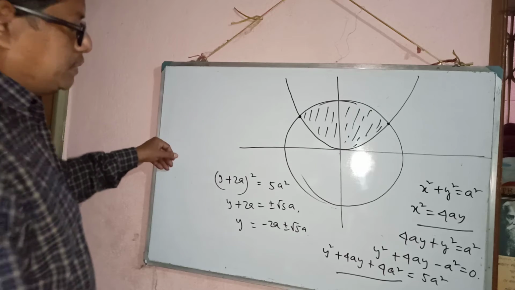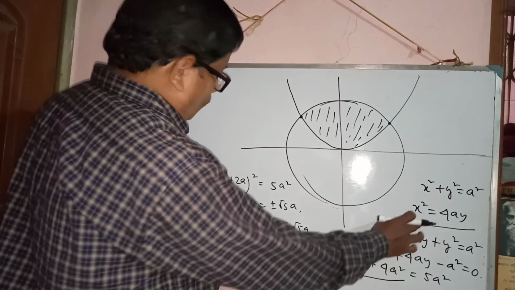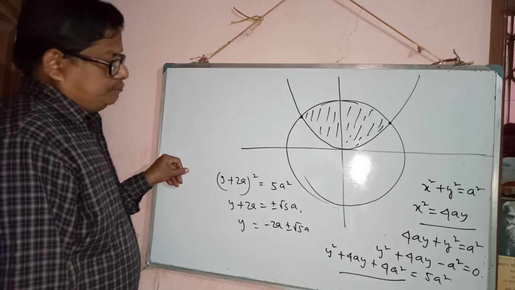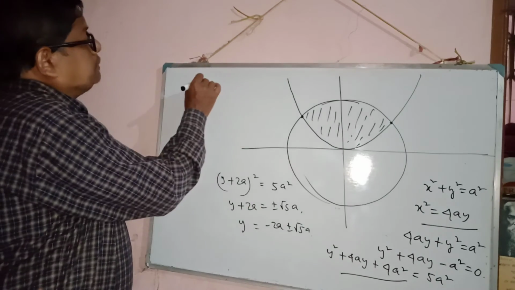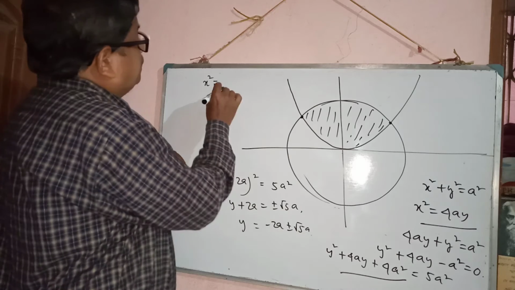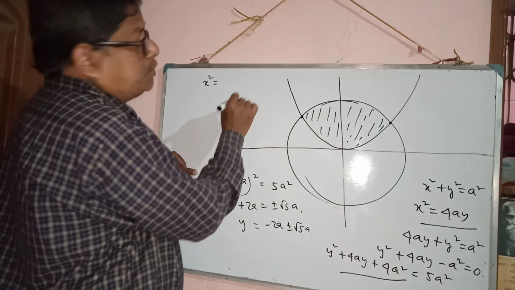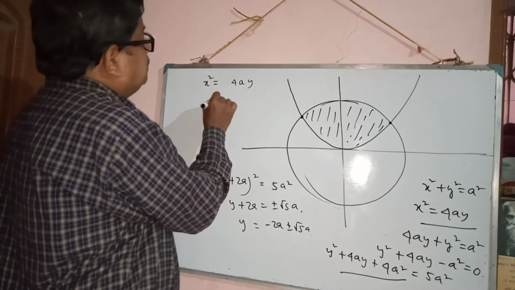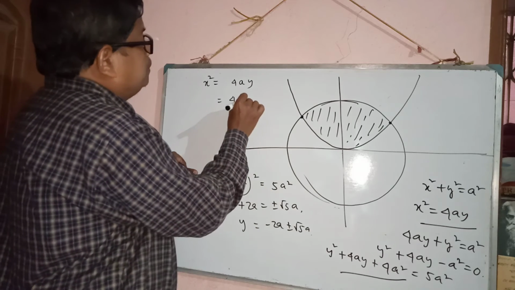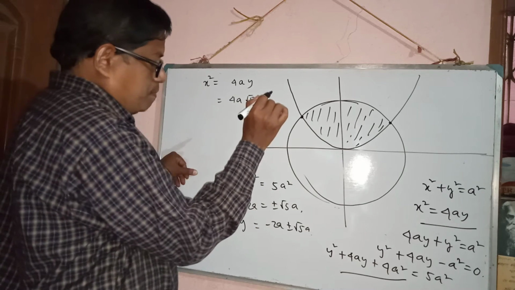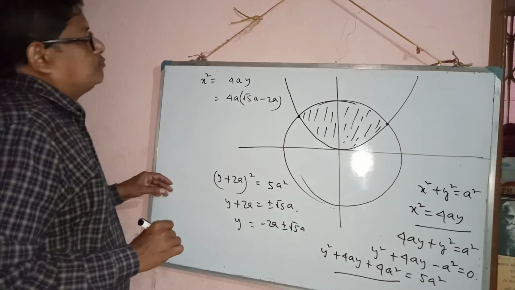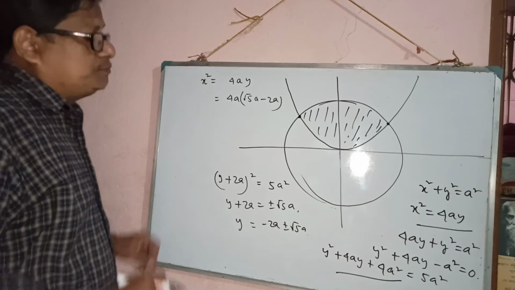So x square is given. From here, we are taking the positive sign only. That is 4ay. So 4a, the value of y taking root 5a minus 2a. It's complicated, no?